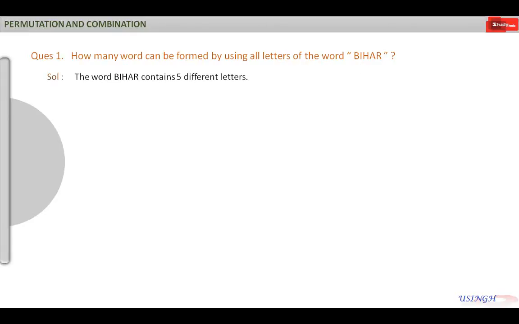Now coming to some questions related to this topic. The first question is, how many words can be formed by using all letters of the word Bihar? As we can see, in Bihar there are 5 letters. Now see how we are going to arrange this. There are 5 different letters, so we use the formula of permutation. The total number of letters is 5, and r is also 5.